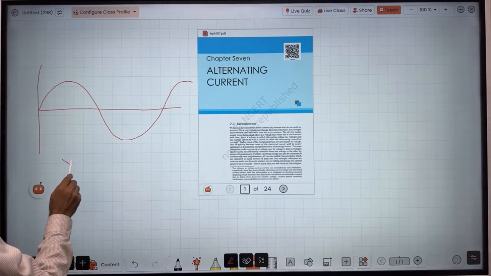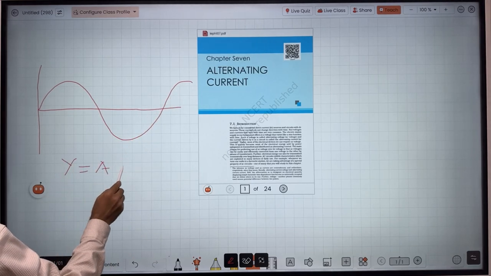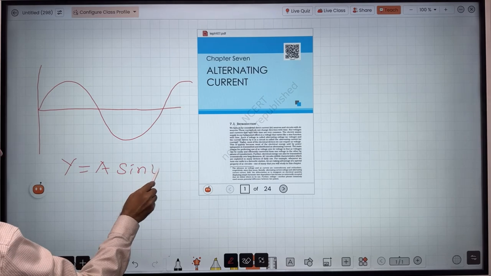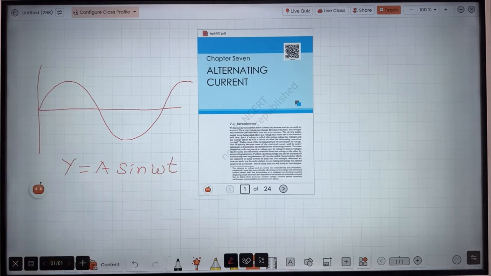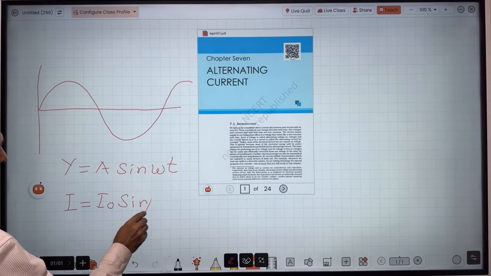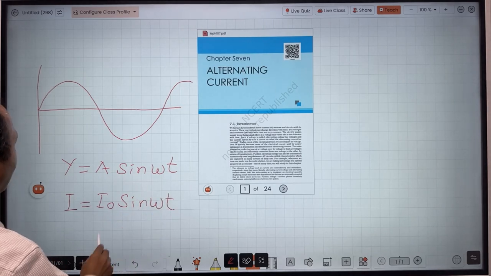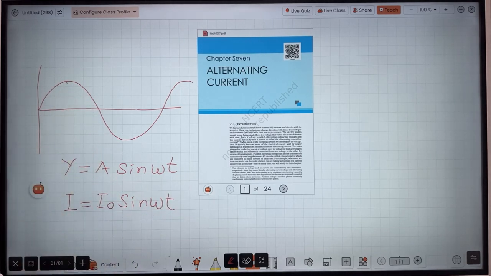We use y equal to a sine omega t, where a is amplitude. So if we write current, then we write it like this: I equal to I0 sine omega t, where I0 is the peak value and I is the instantaneous current.